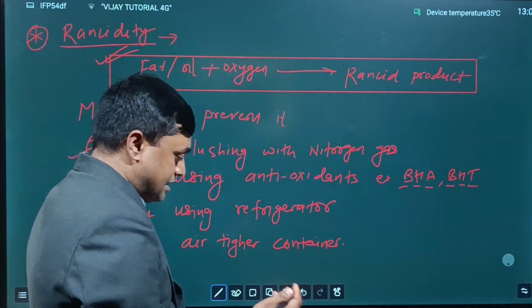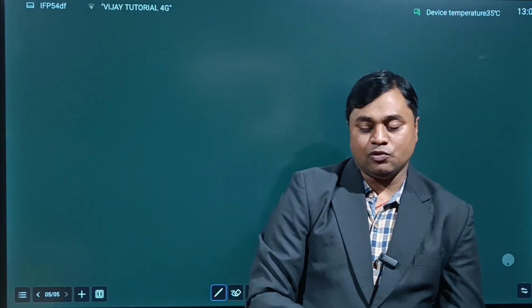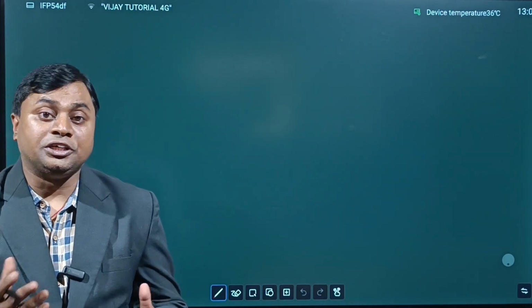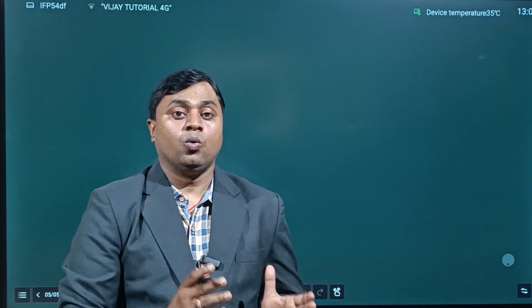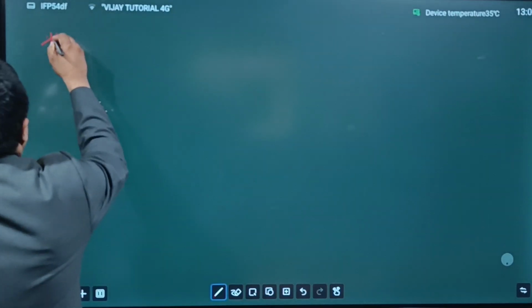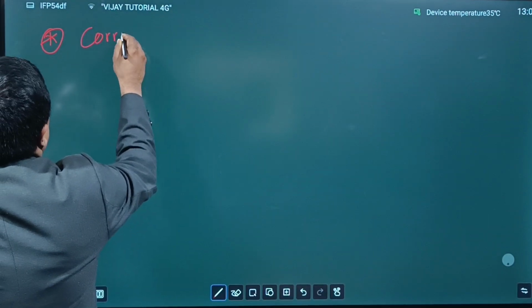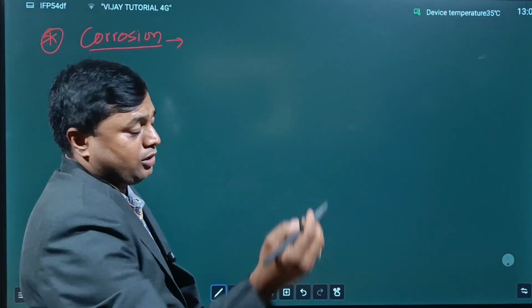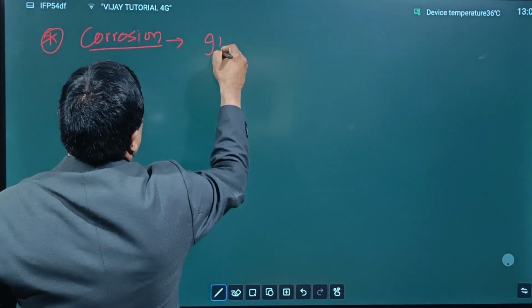And the last concept in this chapter is corrosion. What is corrosion? It is nothing but a process of destruction of metal surface whenever it is exposed to air, water, acid, etc. Example of corrosion is rusting of iron. You can note down the definition.